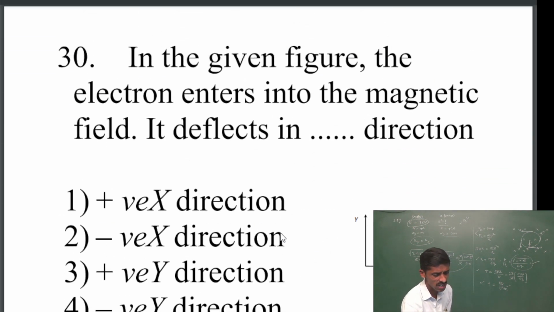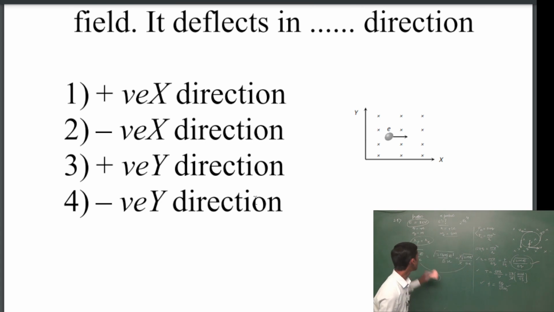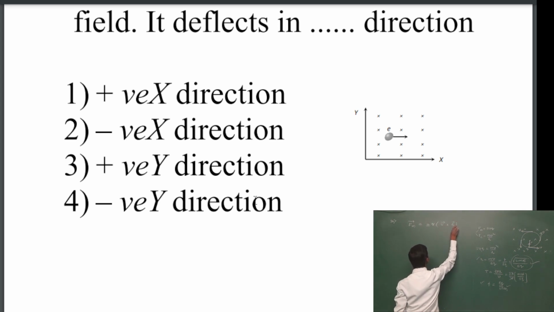In the given figure, the electron enters into the magnetic field. So you see the diagram, it deflects in a direction. In which direction will that electron deflect? So if you see the expression for the magnetic force acting on a charged particle moving in a magnetic field of strength B with a velocity V, this is the vector form.